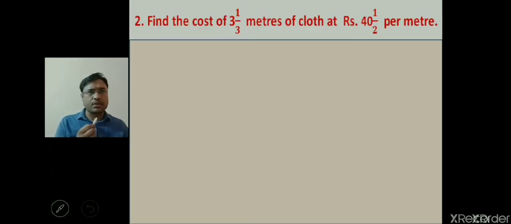Then now we have this question based on the multiplication of rational numbers: find the cost of 3 1 by 3 meters of cloth, if the cost is 40 1 by 2 rupees per meter. That means the cost of 1 meter is 40 whole 1 by 2 rupees. And we need to find the cost of 3 whole 1 by 3 meters.